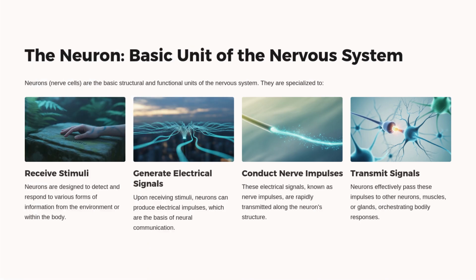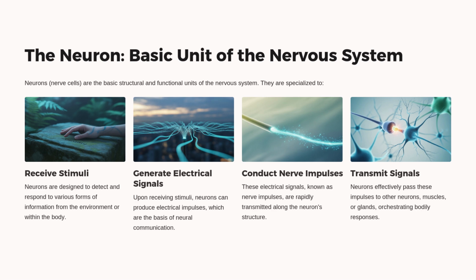The neuron. Basic unit of the nervous system. Neurons, nerve cells, are the basic structural and functional units of the nervous system. They are specialized to receive stimuli. Neurons are designed to detect and respond to various forms of information from the environment or within the body, generate electrical signals.